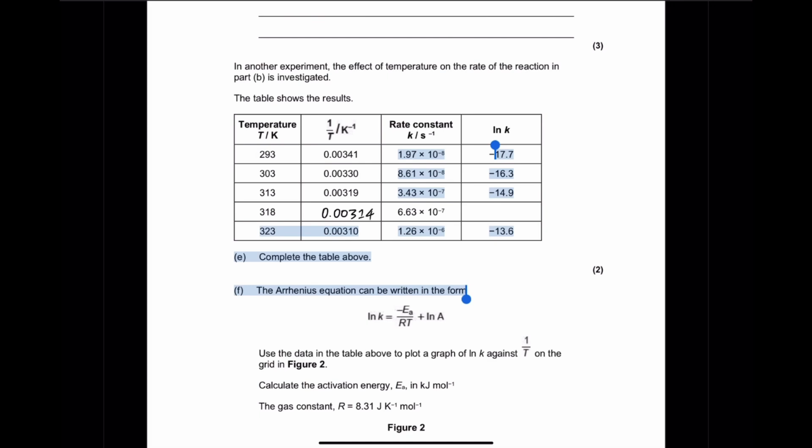And then ln K: 6.63 times 10 to the power of minus 7, minus 14.2.